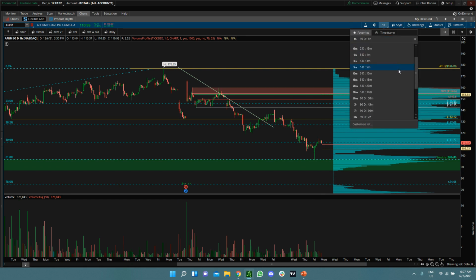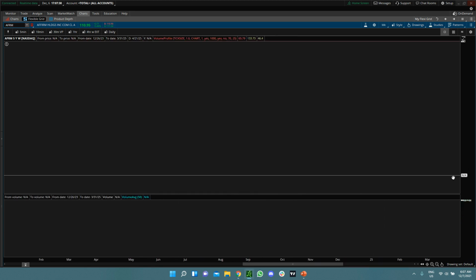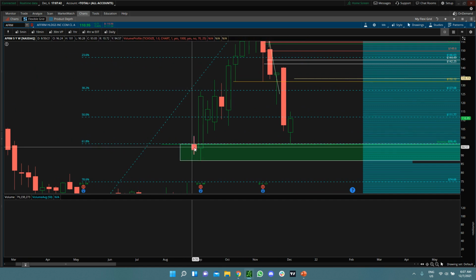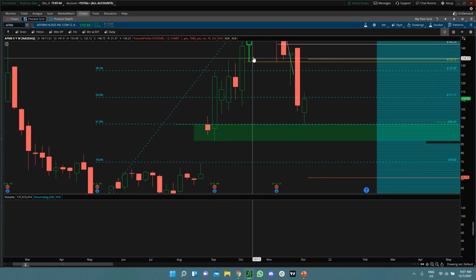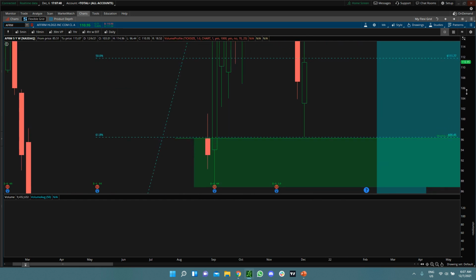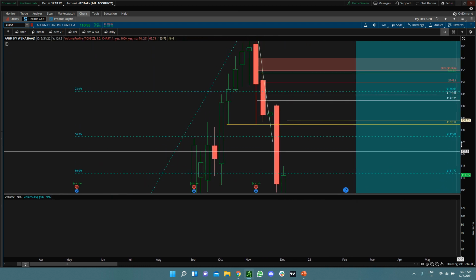So if we go on the weekly time frame, we have a nice zone here. Rally, we base before we rally. Nice basing candle, red basing candle. So we can tap here before rallying up again.